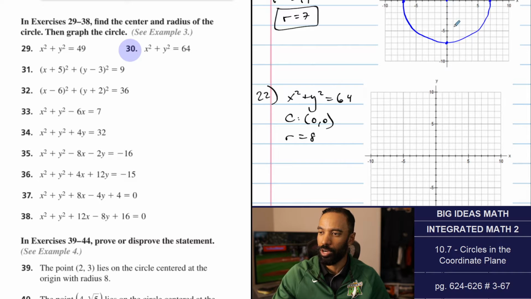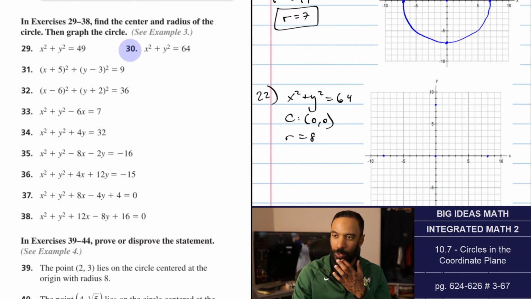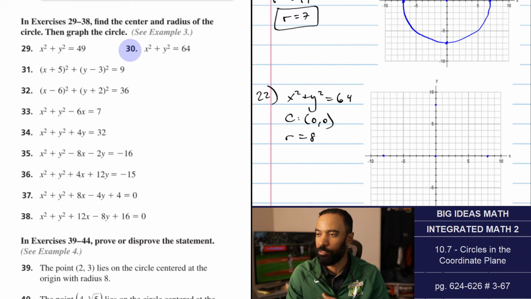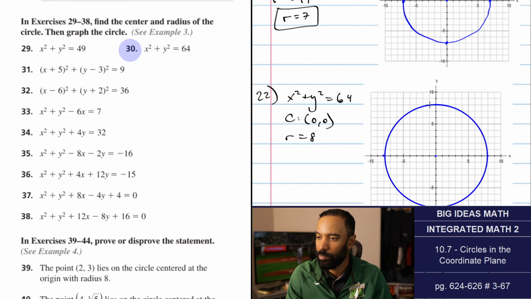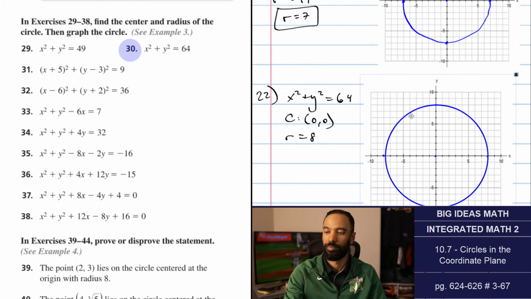Center's at 0, 0. Radius is 8. If I go 8 outward like that, I can also go up, left, and down. Now, I will use the circle tool this time. Probably in future times, I might look to do it as well, if it saves me time. You might have to make the drawing as you do, but there's the graph, the circle.